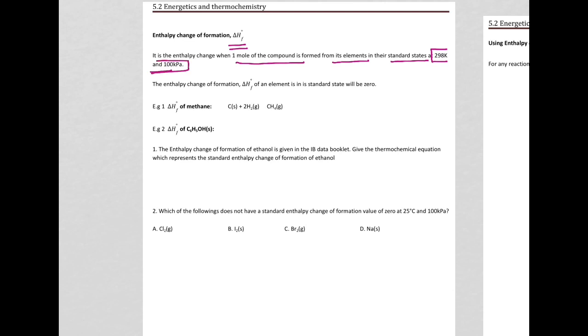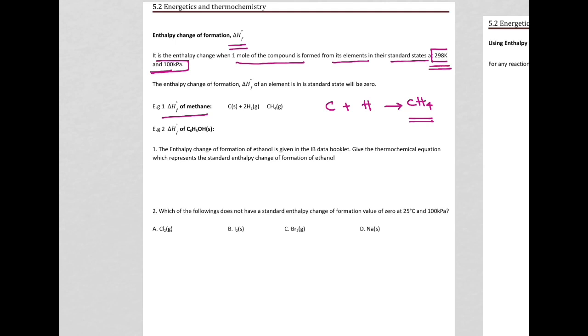So, for example, if we are considering delta HF of methane, methane is CH4. The enthalpy change of formation of methane will be the enthalpy change when 1 mole of methane is produced from its elements, carbon and hydrogen, in their standard states under these conditions.